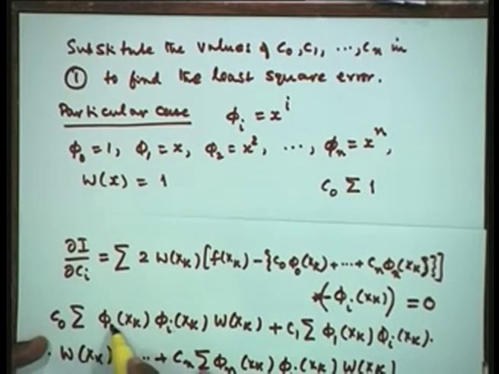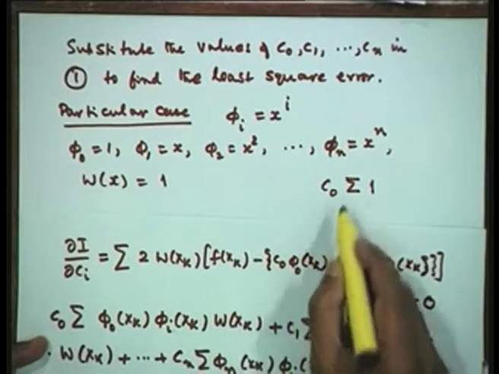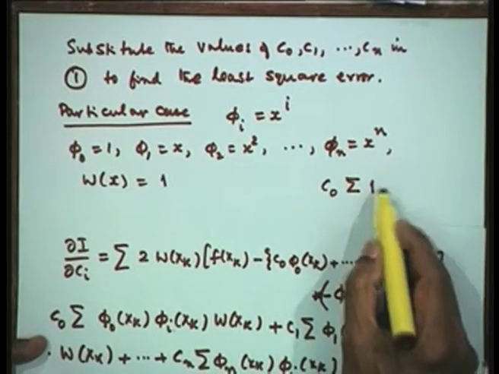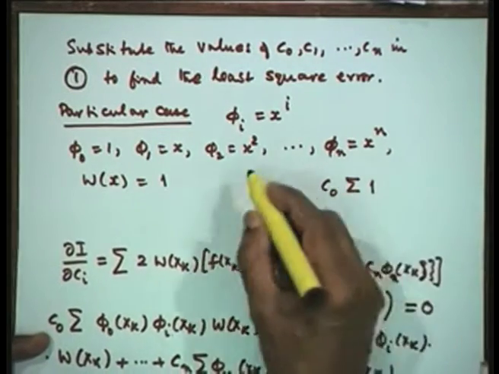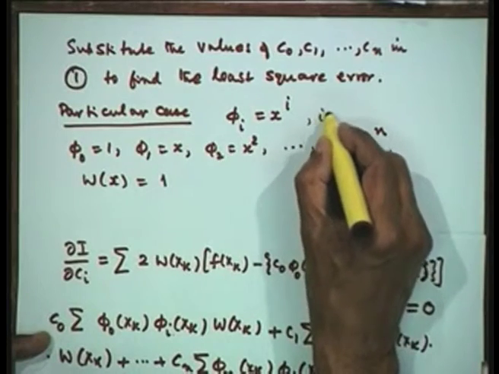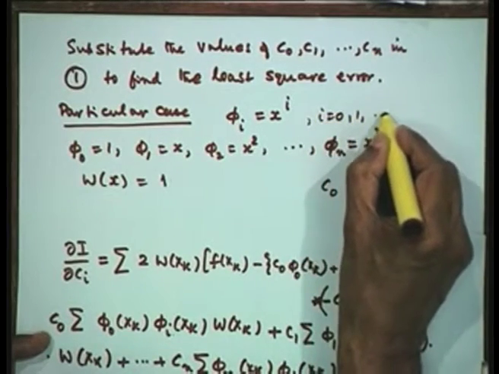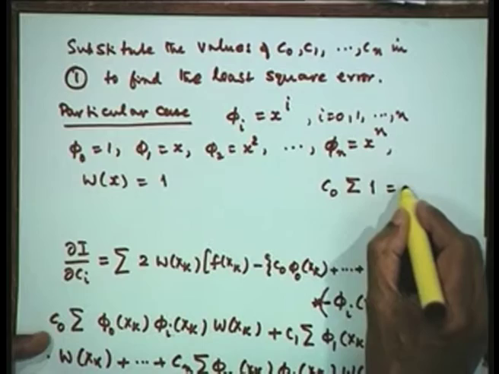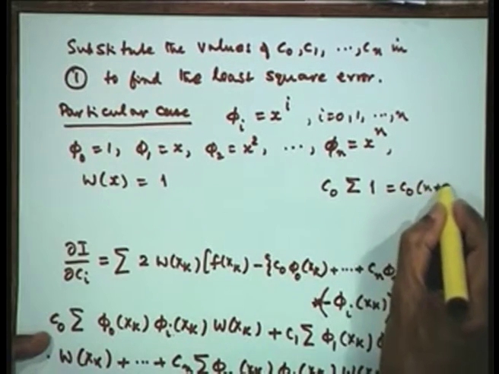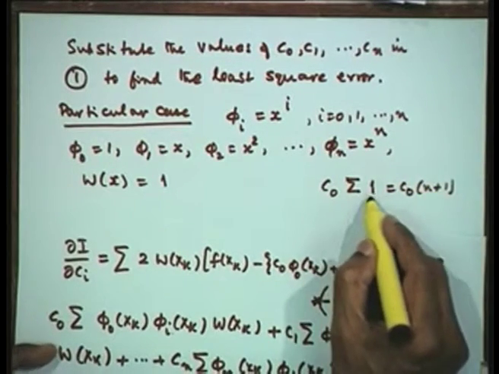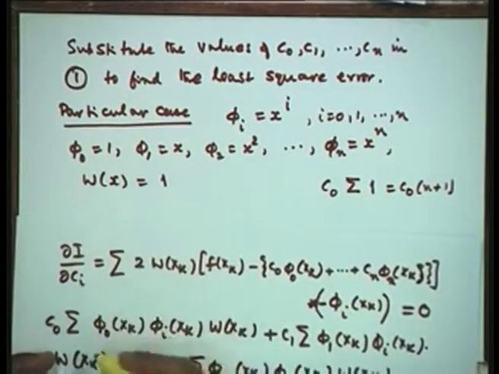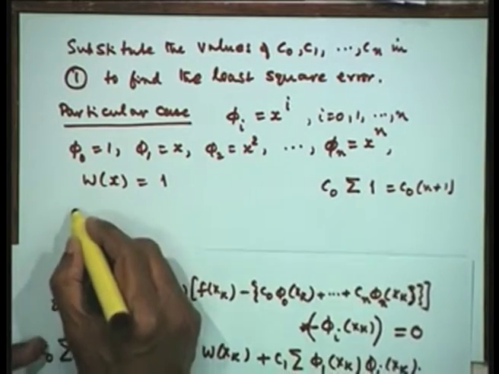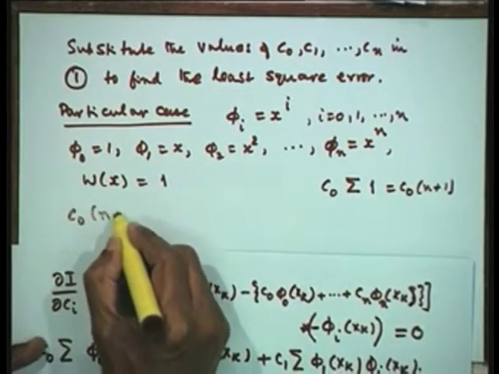This is phi 0 square into 1. The total summation is over the values i is equal to 0, 1 up to n. Therefore, this will be simply equal to C naught into n plus 1. This is the total observations that we have here. Therefore, the first term here would be C 0 into n plus 1.